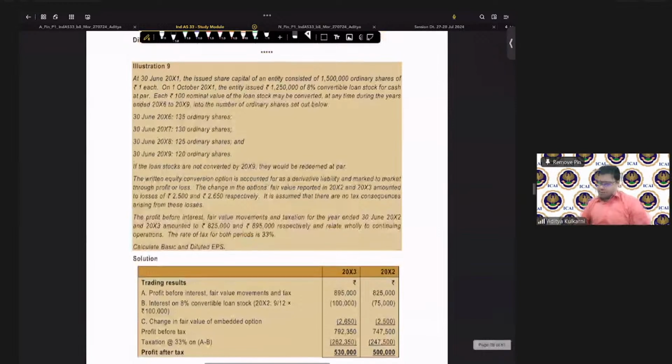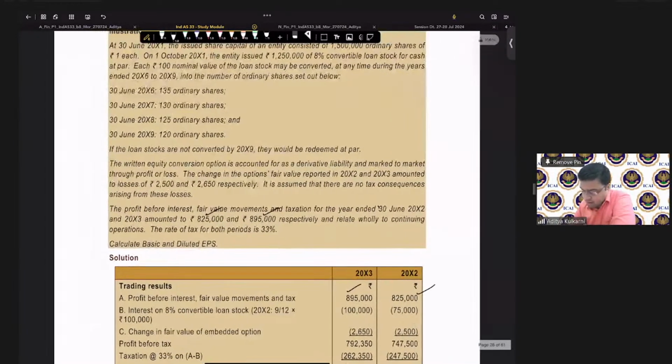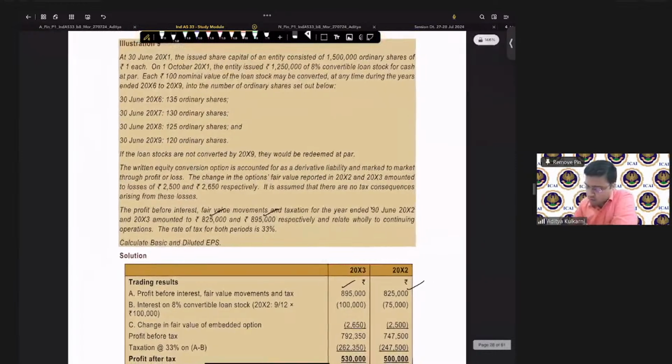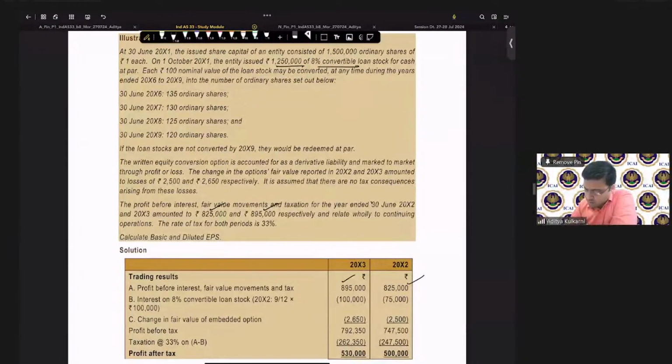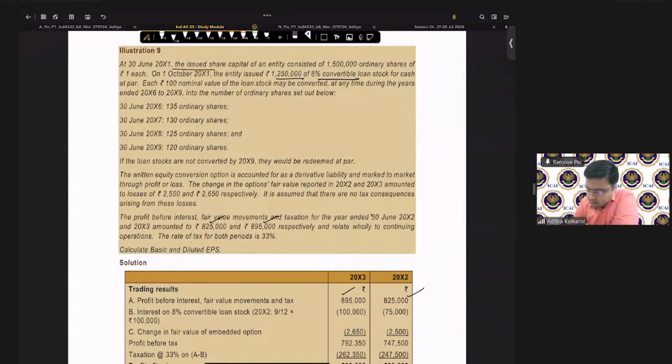Okay. So 20x3 and 20x2, starting point is net profit. What is your net profit? For x2, it is 8,25,000, and for x3, it is 8,95,000. Now, interest on the convertible loan, 12,50,000 at 8% convertible loan for how many months? 1st October x1.